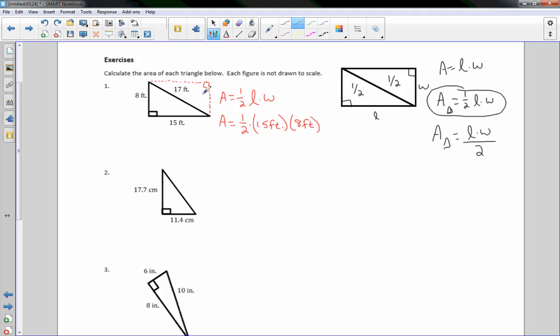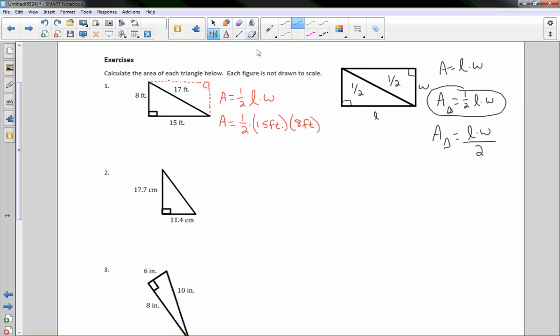When we're calculating the area, the diagonal here, which is the longest side of the right triangle, opposite the right angle, is called the hypotenuse, and it is not relevant to finding the area. So this 17 feet is not needed to find the area of the triangle. We need the base and the height, or the length and the width.